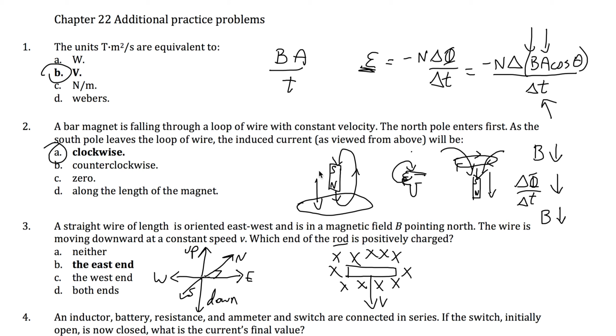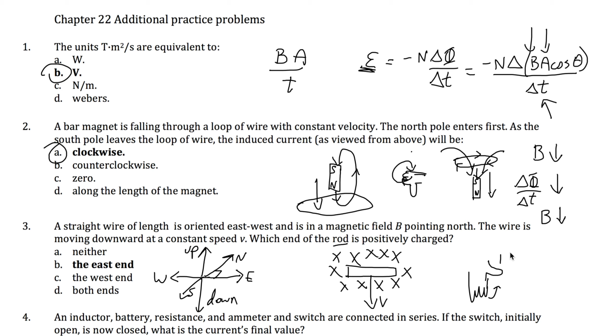So which end of the rod is positively charged? Use the right hand rule that says you put your fingers in the direction of V, so we're going to put our fingers down, and then we fold them into the direction of the magnetic field. That means our palm is facing the paper because we have to fold our fingers into the paper. I don't know how I'm going to draw that, but when we're folding our fingers this way into the page, our thumb still points to the right.